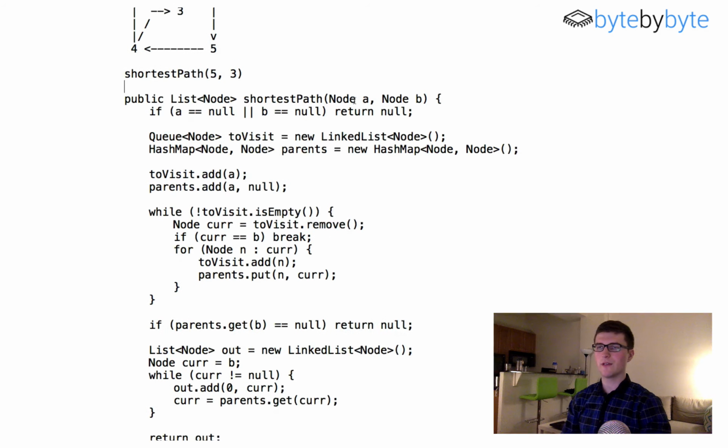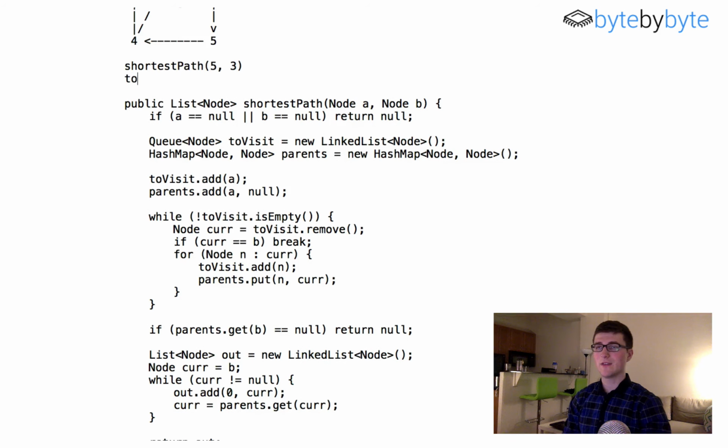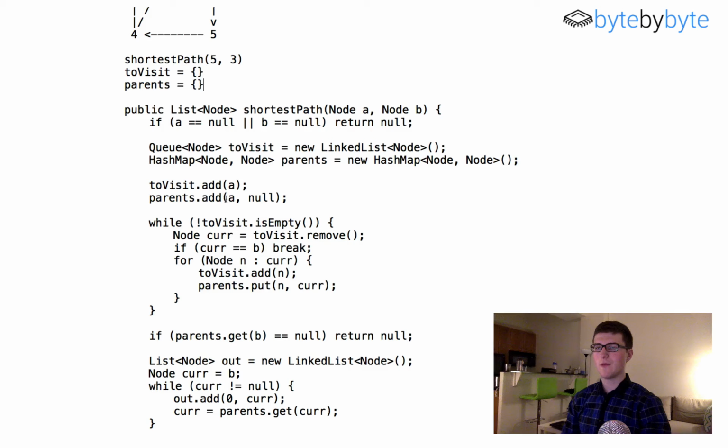We start by checking that they're both not null, and they're not. Then toVisit is an empty queue, and parents is an empty hash map. Then we initialize them by adding 5 to toVisit, and adding 5 mapped to null in parents.